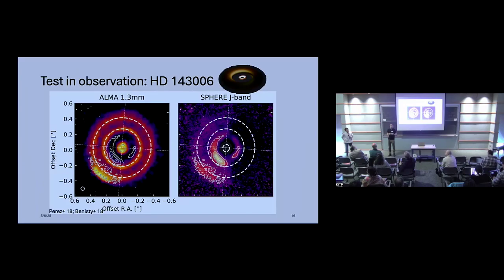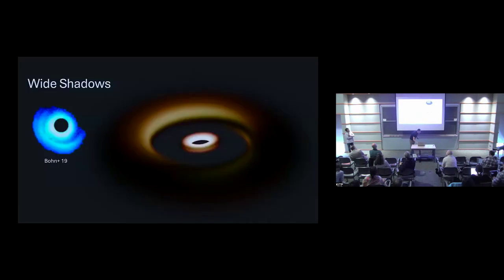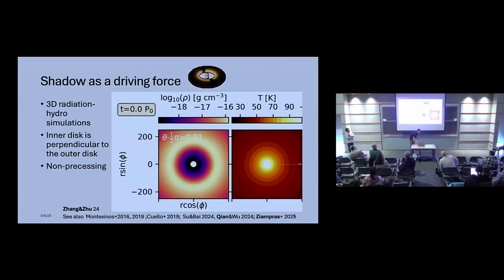In the simulation, from this vertical shadow, we don't see much change in the density in the phi direction, even if you are in the shadow. Okay, so yes, that's what we need to look into in the simulation. Okay, thank you.